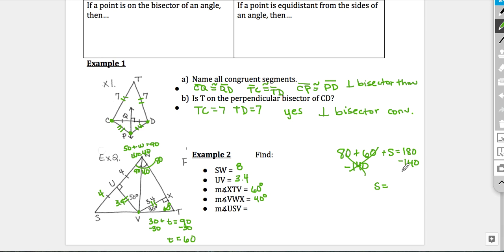That leaves me with S equals 40. So this angle has to be 40 degrees in order to complete this triangle. It doesn't matter that we don't know the other angles of this triangle. We could figure those out if we need them, but we are able to find it because of all of the triangles adding to 180.